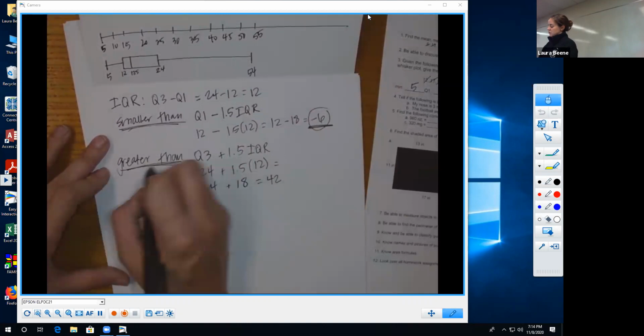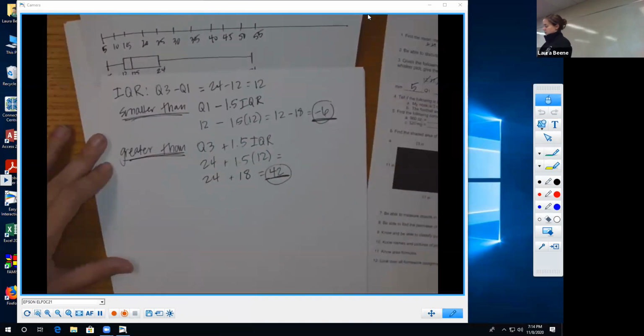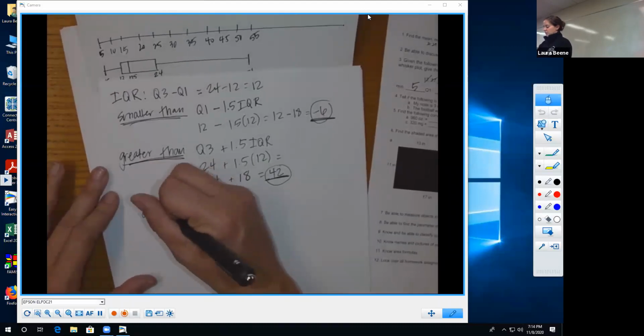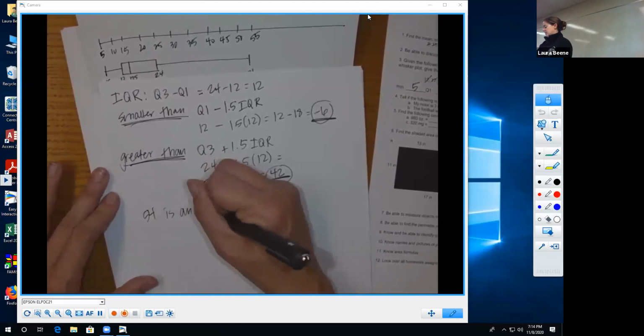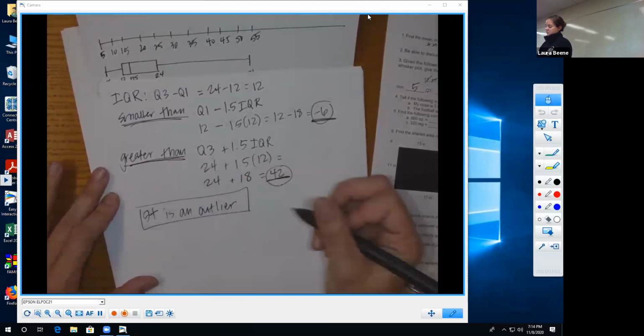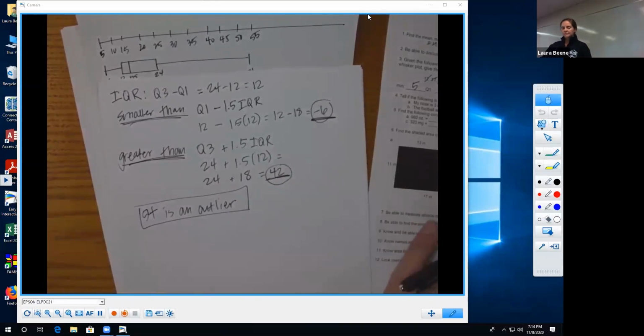So do I have any numbers greater than 42? Yes, I have a number greater than 42. I have the number 54. So that tells us that 54 is an outlier. If I had also 57, there would be 2 outliers here. It'd be 54 and 57.